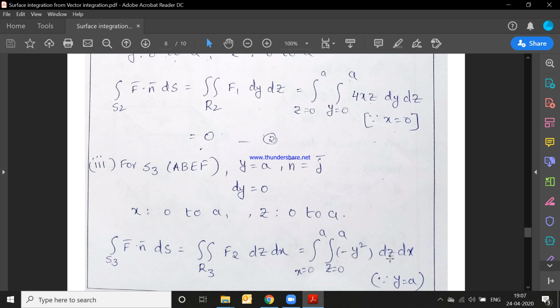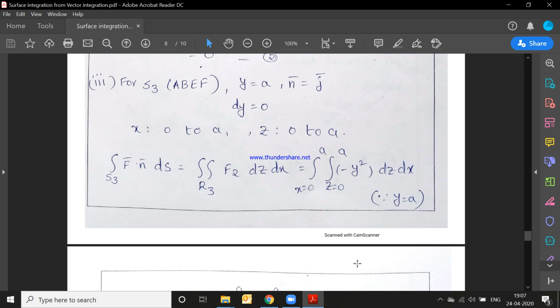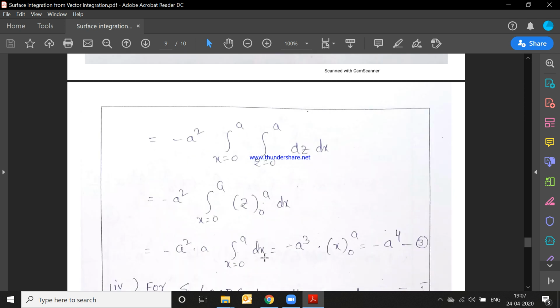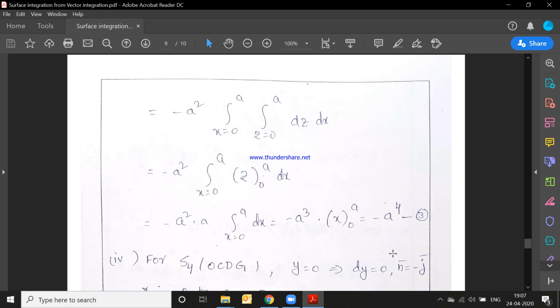Integral dz is z, so substitute the limits 0 to a, that is a, minus a square into a, minus a cube right outside, and integral dx is x, so limits are 0 to a, then a cube into a, then minus a power 4. So that is the third surface value.